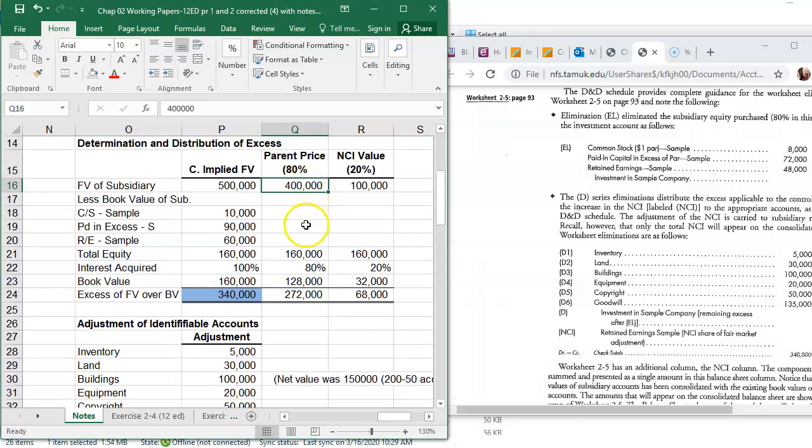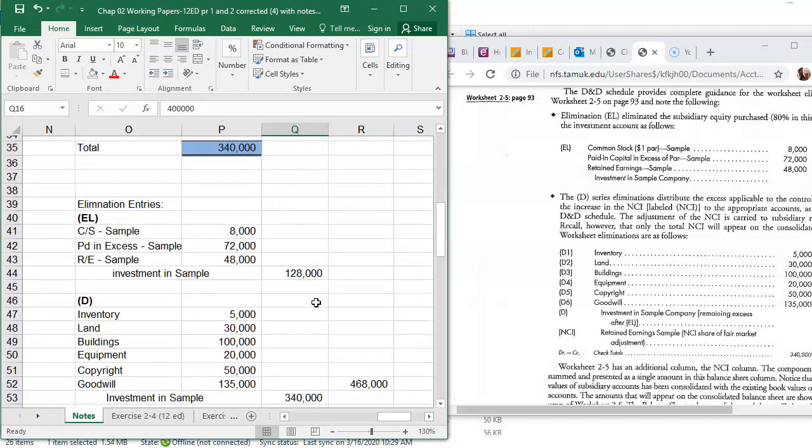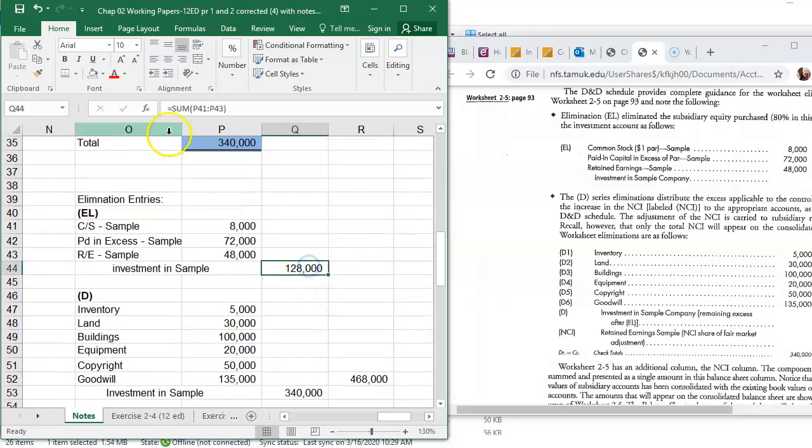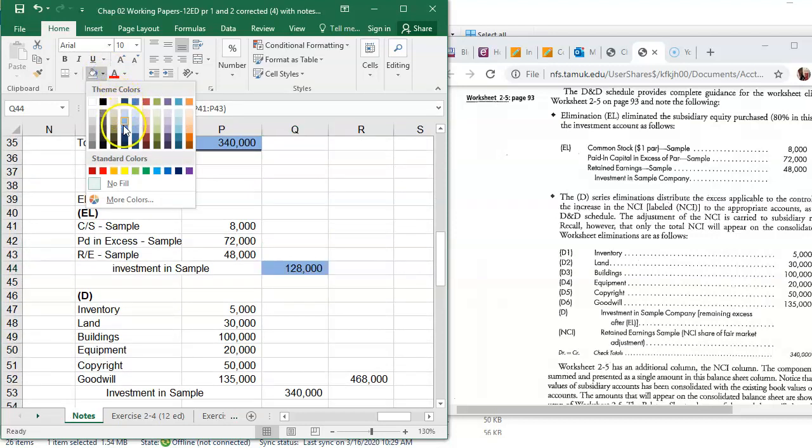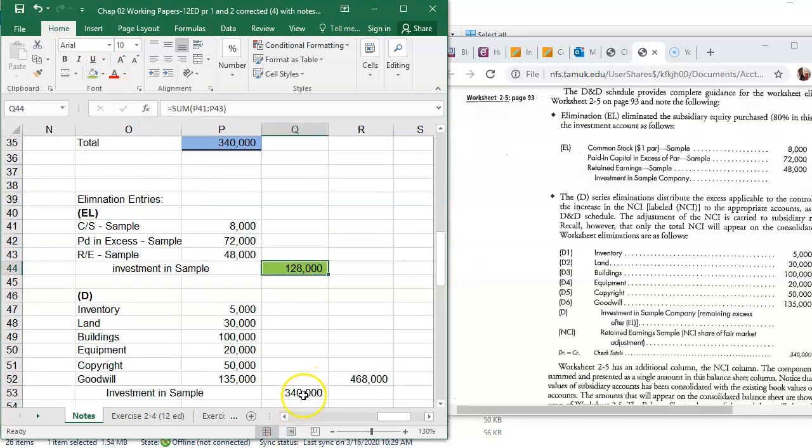I only invested $400,000, so these two added up should equal the $400,000 investment.